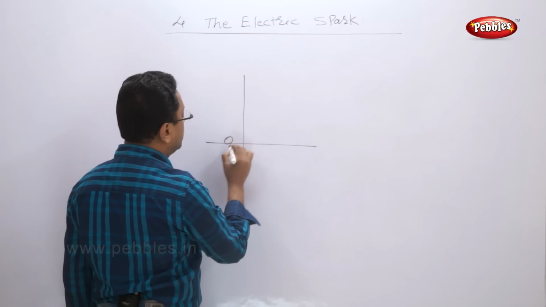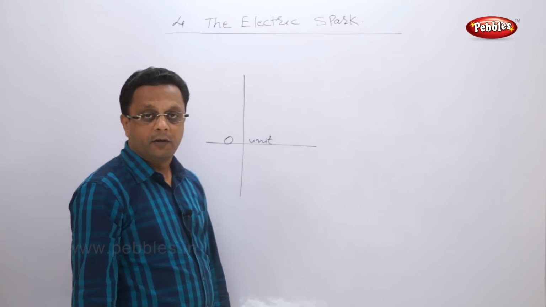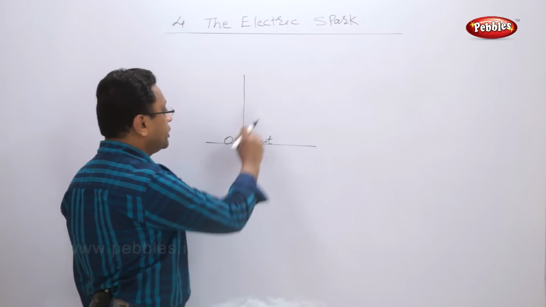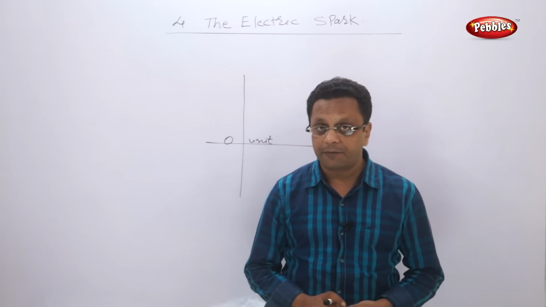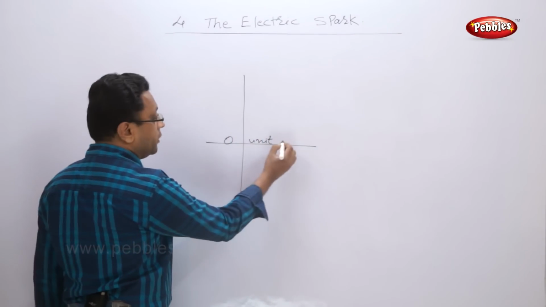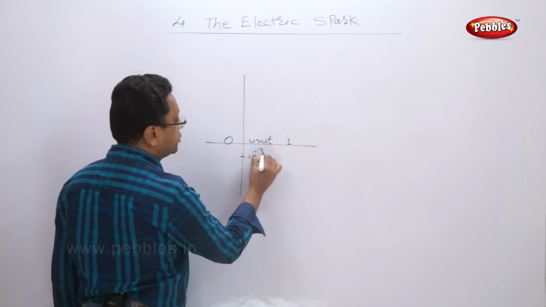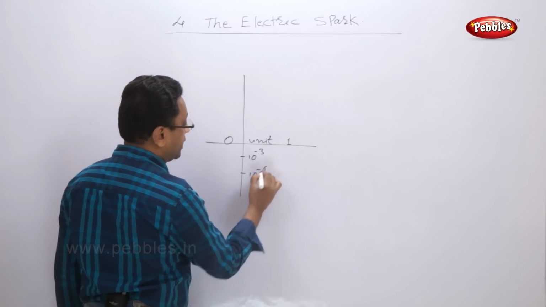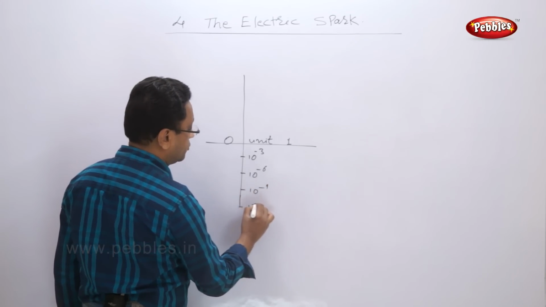Suppose this is a unit scale. Every jump is of 10 raised to 3 or 10 raised to minus 3. So if this is 1, here we have 10 raised to minus 3, 10 raised to minus 6, 10 raised to minus 9, 10 raised to minus 12.